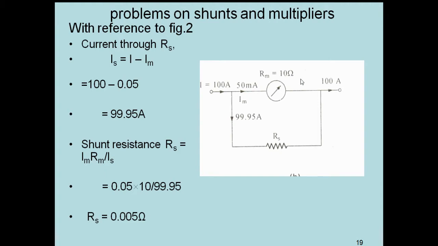With that also we can get it. The shunt resistance is calculated as 0.005 ohms. Let me note it down if any one of you has not solved this. These problems are very important from a competitive and board examination point of view.